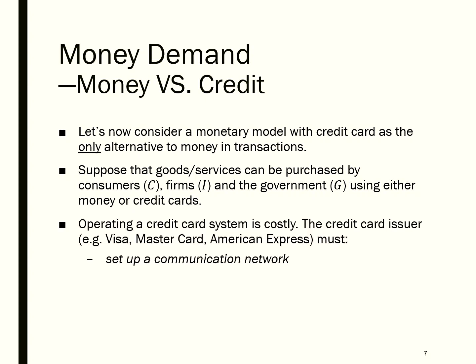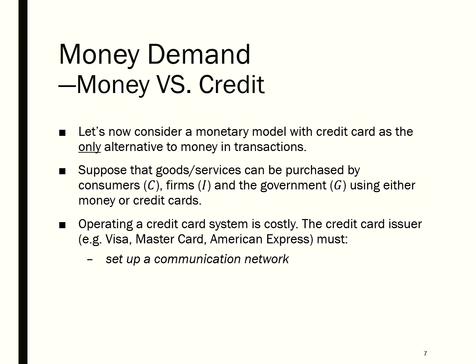Now we know that if you use money, there is no or very low transaction cost for individuals. But if you are using a credit card, it has to be provided by some company. It is very costly to run the company to do all this process.